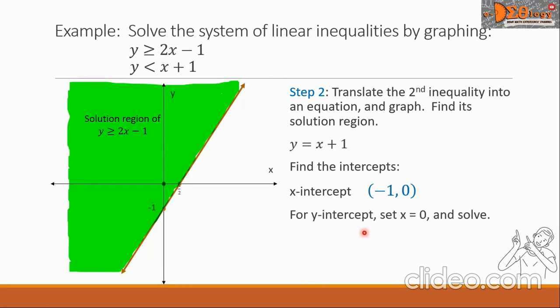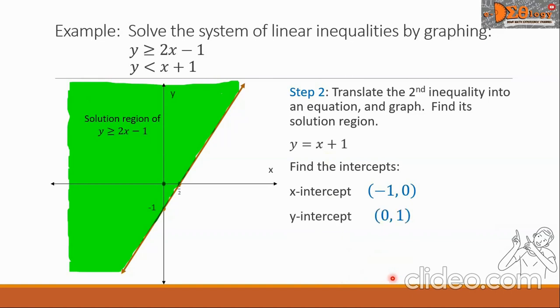Now for y-intercept, we will set x equals 0 and solve. So y equals, the x now becomes 0 plus 1. And simplifying this, we have y equals 1. Writing this y-intercept as an ordered pair, so we have (0, 1).